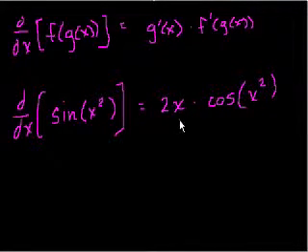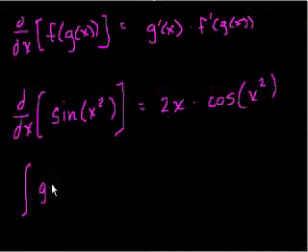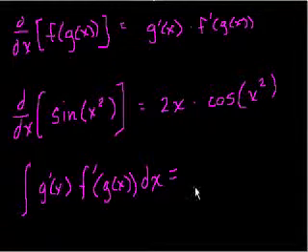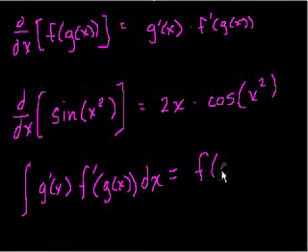So what happens if we want to reverse the chain rule? If we wanted to reverse it, we're essentially saying that we want to take the integral of something where we have the derivative of the inner function, and then the derivative of a larger composite function. I'm just rewriting the chain rule in an integral form, which is equal to f of g of x.